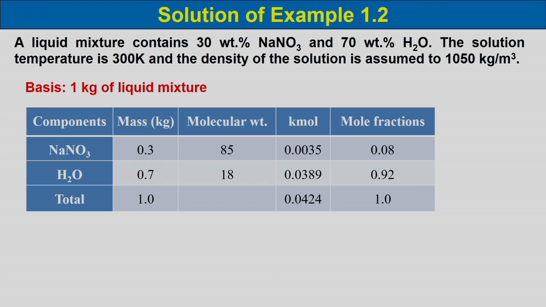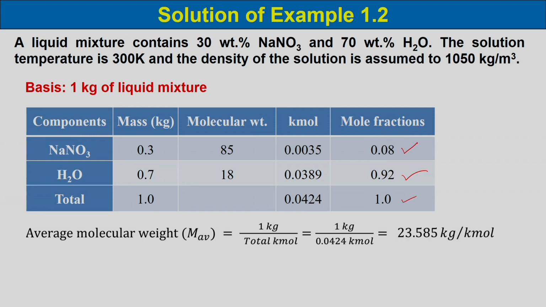We can calculate the kilomole of each component as the mass divided by the molecular weight. The mole fractions can be calculated as the moles of each component divided by the total moles, which is 0.08 for sodium nitrate and 0.92 for water. So, the total mole fraction is 1.